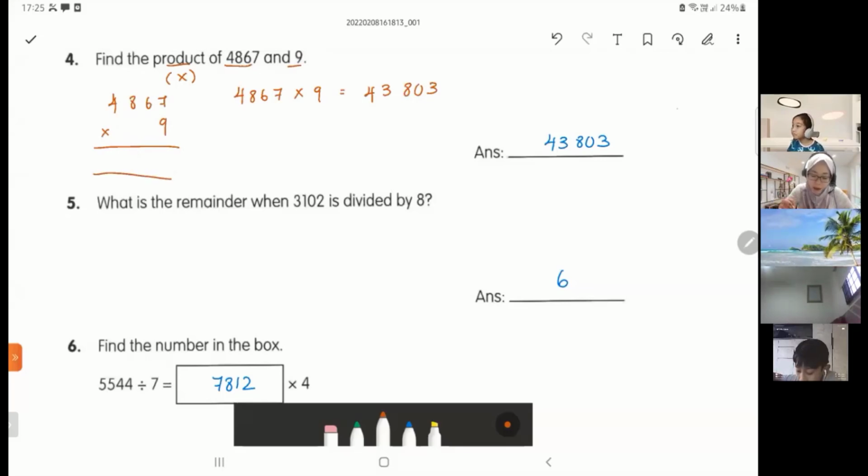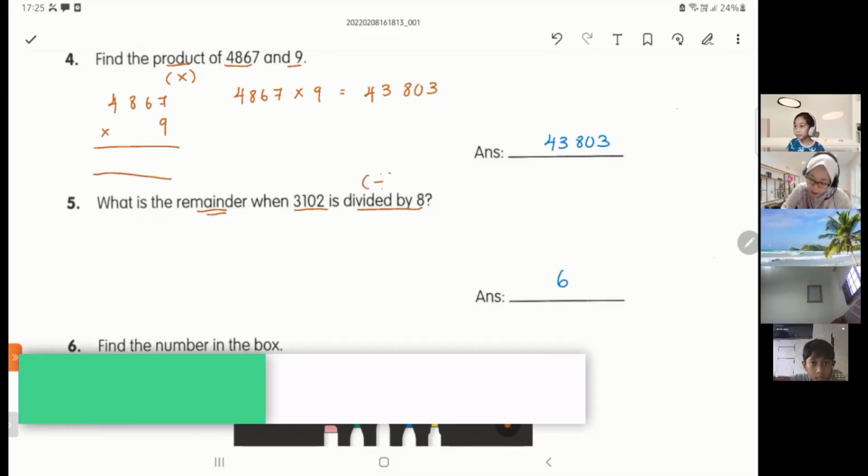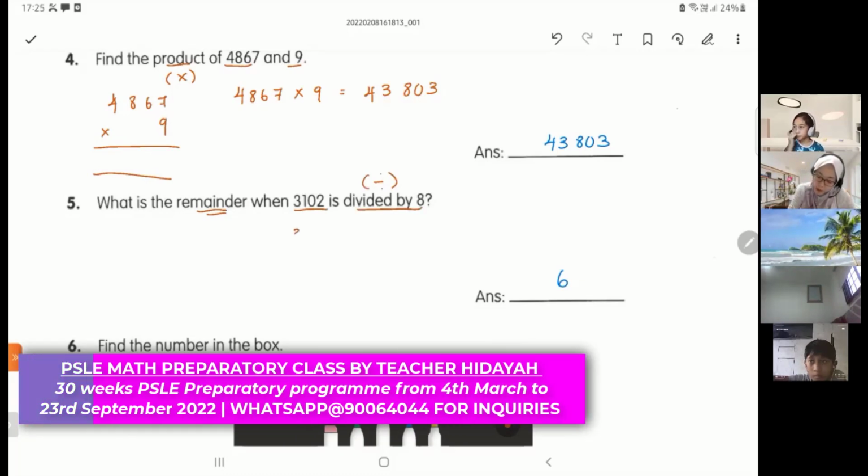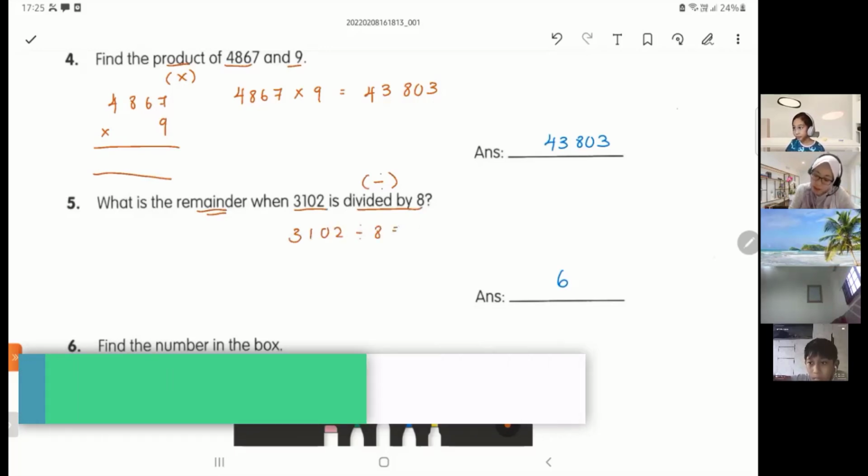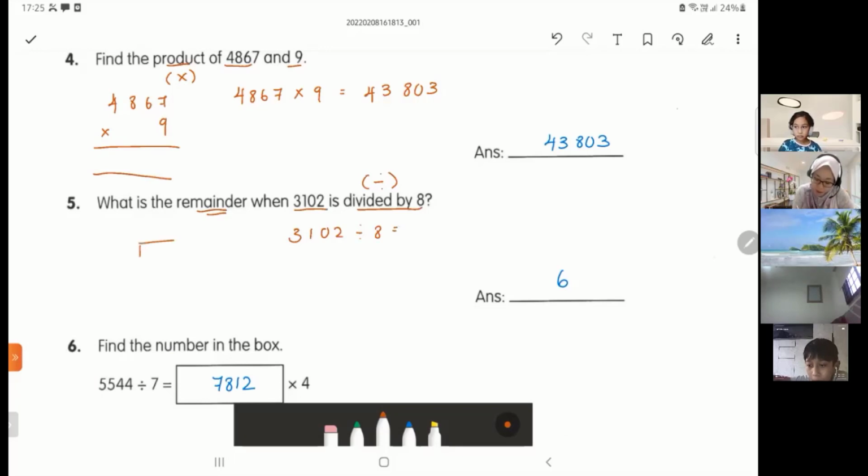Number 5, what is the remainder when 3102 is divided by 8? How does my working look like? 3102 and 8 here. Can 3 be divided by 8?